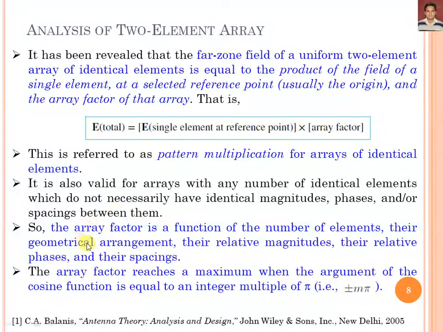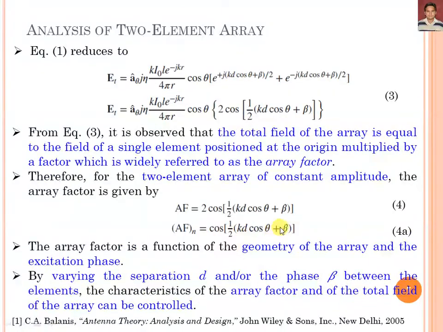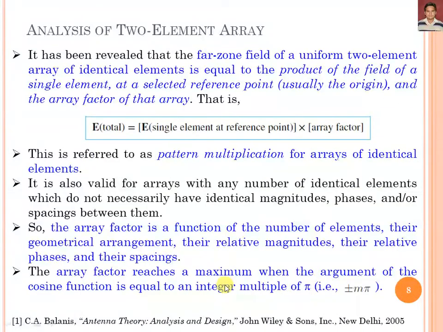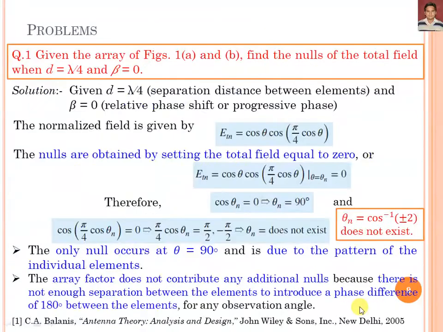The array factor reaches a maximum when the argument of the cosine function is an integer multiple of pi, we can say plus minus pi. So when we calculate the argument of the array factor expression, it is an integer multiple of pi.